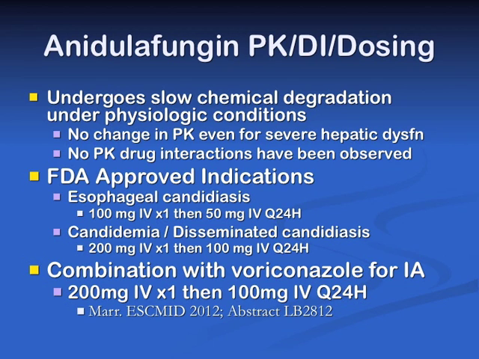Anidulafungin undergoes slow chemical degradation under physiological conditions, so there are no pharmacokinetic drug interaction issues and no dose changes even for severe hepatic dysfunction. FDA approved for esophageal candidiasis, candidemia, and disseminated candidiasis, and it has been studied in combination with voriconazole for the treatment of invasive aspergillosis, as I mentioned before.